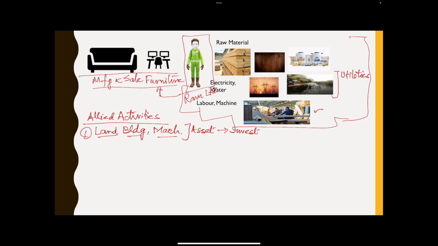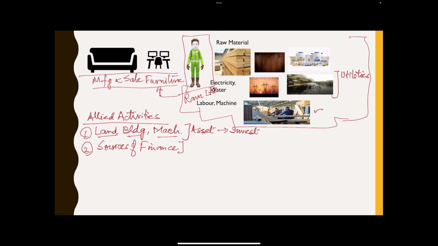Now the moot question comes, the second activity. To do all this, what does Ram require? Finance. So what will be the sources of finance for Ram to start his business?